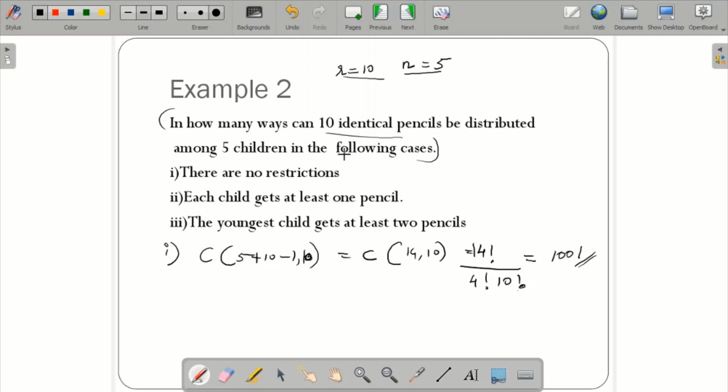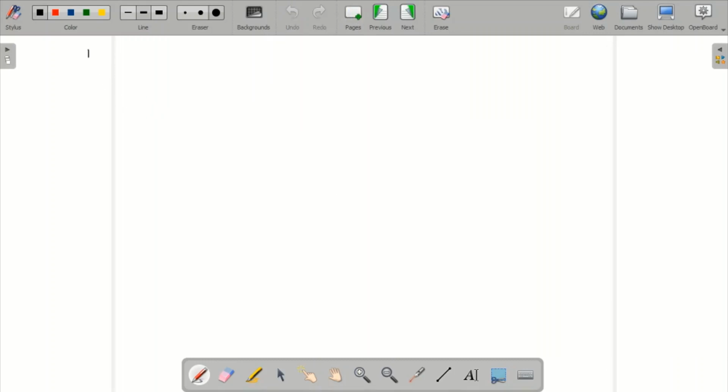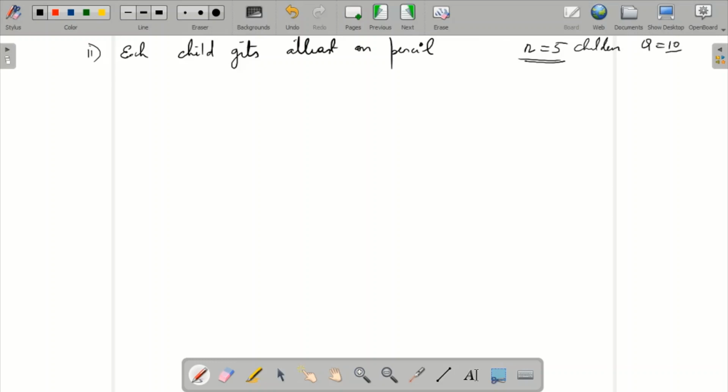The second one: each child gets at least one pencil. Here you know that the n value is 5, that is 5 children, and the r value is 10, these are identical pencils.